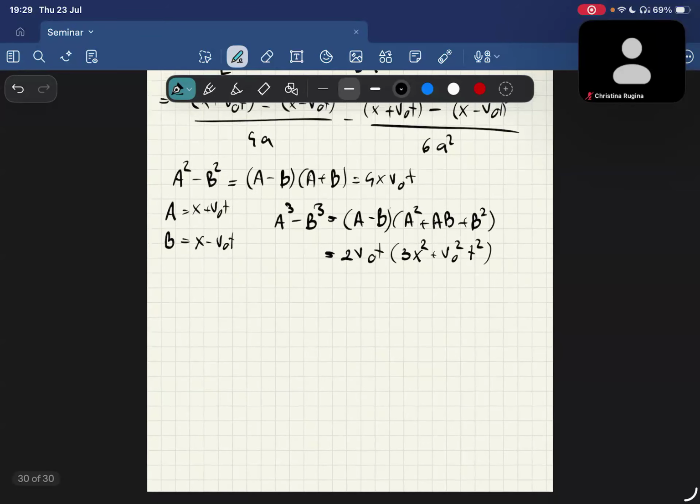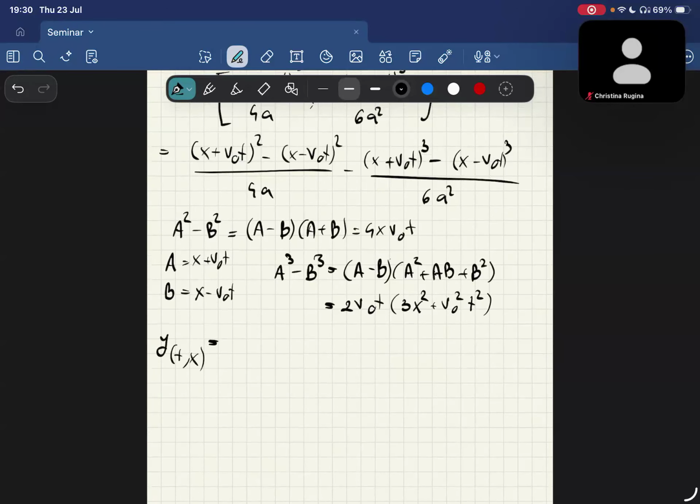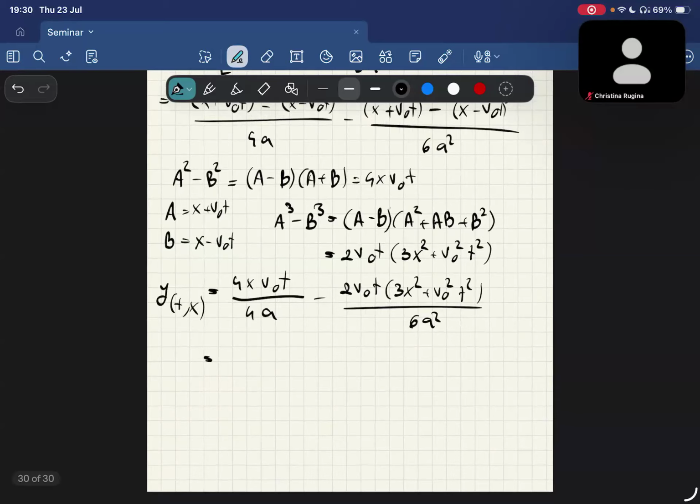So replacing everything in there, we get y of t, x is equal to 4x v0t over 4a minus 2v0t times 3x squared plus v0 squared t squared over 6a squared, which is x v0t over a minus, this cancels out, v0t x squared over a squared, then, not 3, v0t all to the power of 3 over 3a squared.